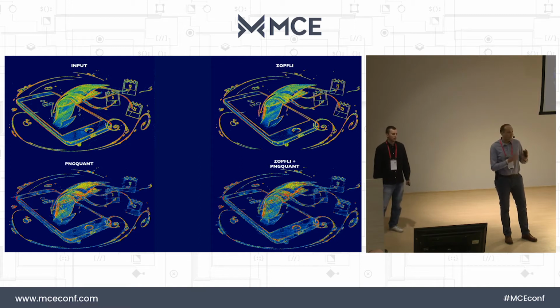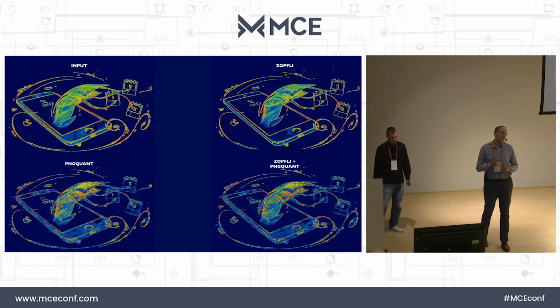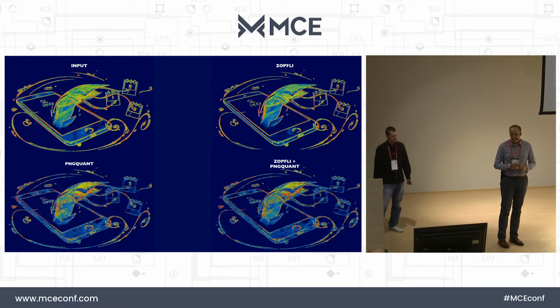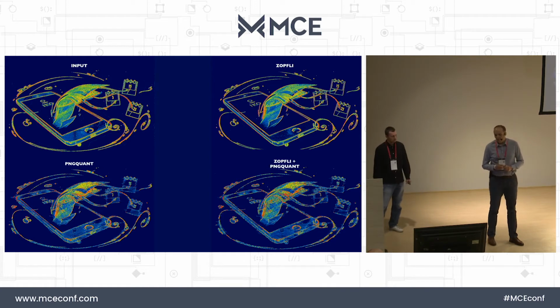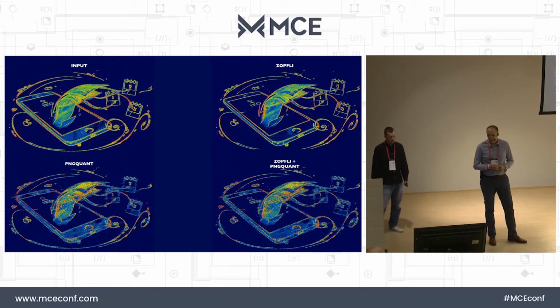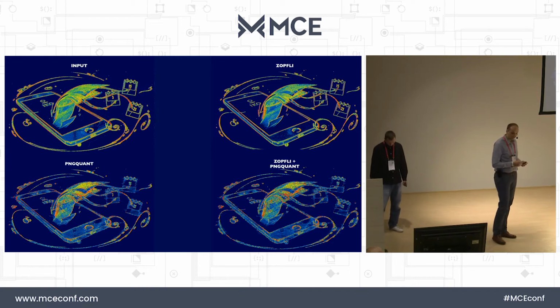The blue areas mean that the image is well compressed, while on the opposite, the red, orange, and yellow areas mean that it's not so good. Especially around those banknotes which are rolling out from the phone, it's not well compressed. On the opposite, we have Zopfli and PNG Quant, which has much less red and orange, and that's the way it works.